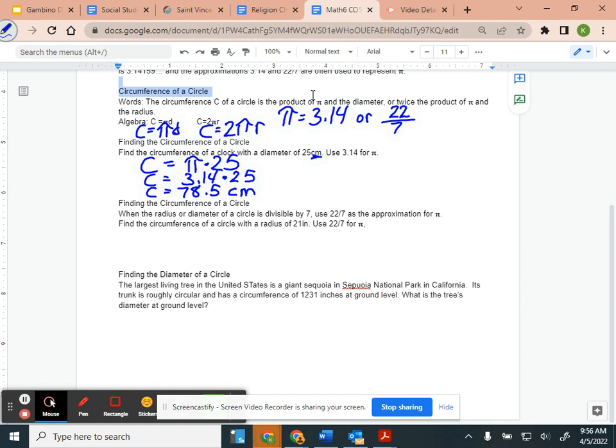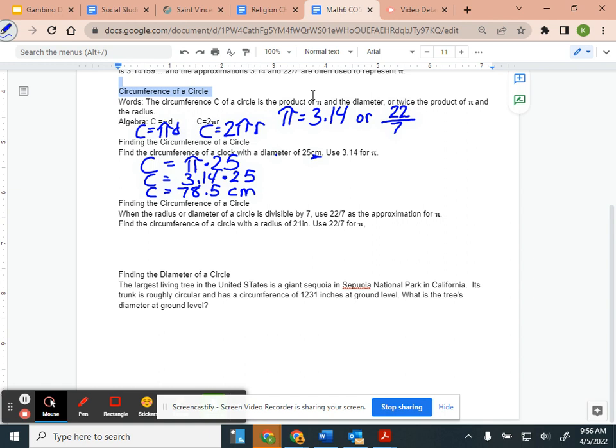So all we're doing is we're replacing the diameter for the diameter. If we'd been given the radius, we would have put it in this one and multiplied it by 2 also. So it depends on what you're given. We have 2 different formulas. One if we're given the diameter, one if we're given a radius. Because we know that radius is twice the diameter.